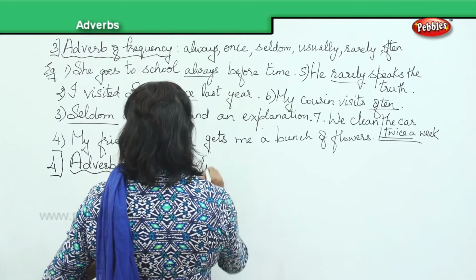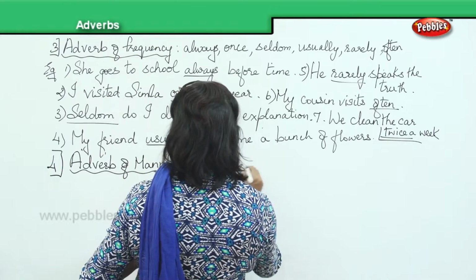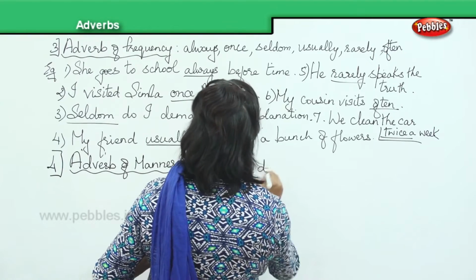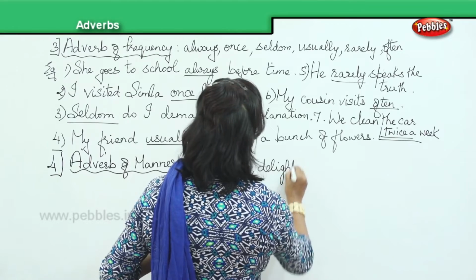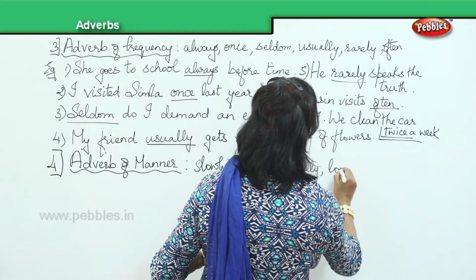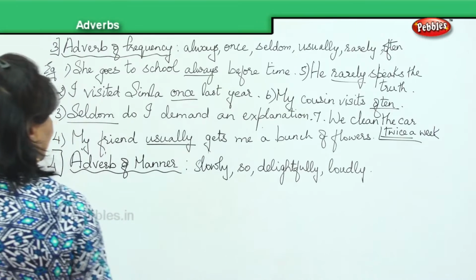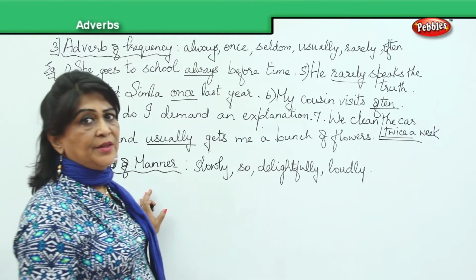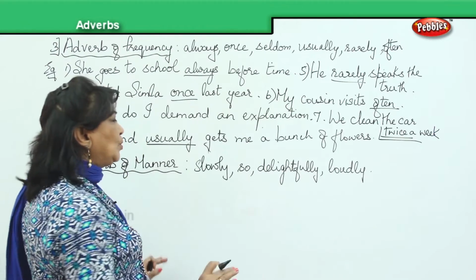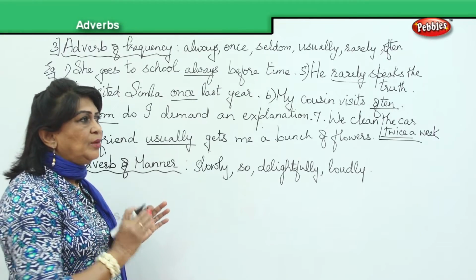Slowly, so, loudly or delightfully. Okay, we have four different adverbs of manner here, and I am going to explain to you each and every one. Slowly, it denotes how a person or a thing moves.